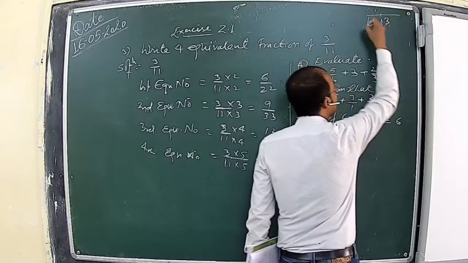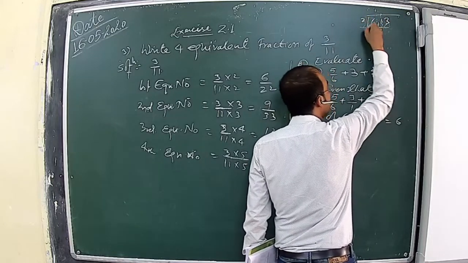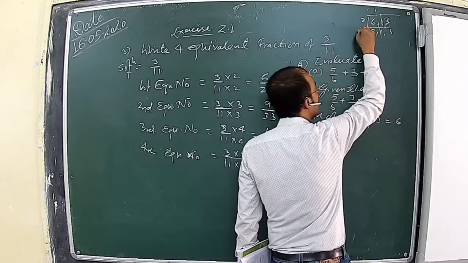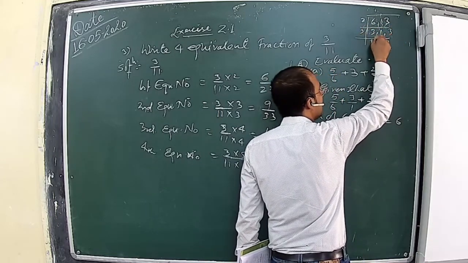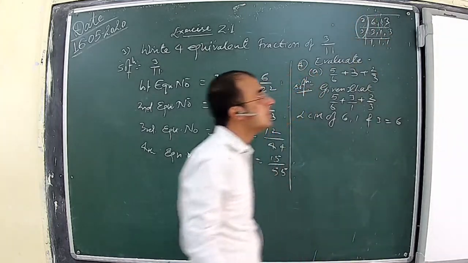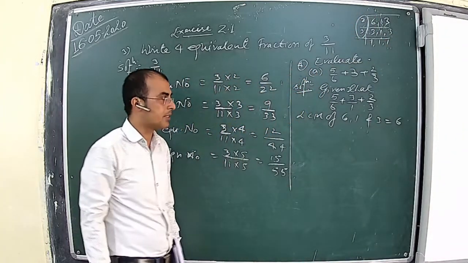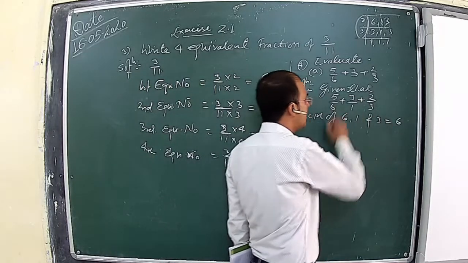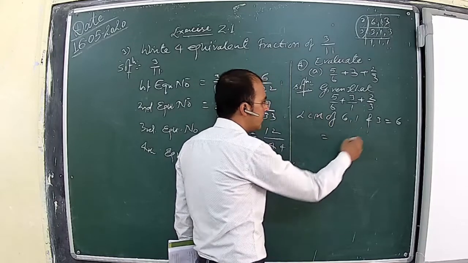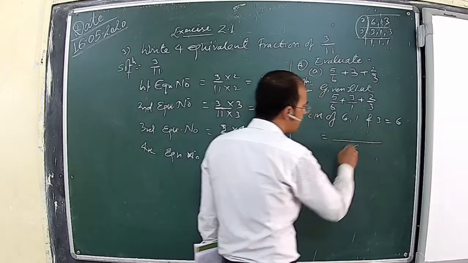Dividing by 2, we get 3, 1, 3, then dividing by 3, we get 1, 1, 1. 2 times 3 is 6. Then the LCM will be 6.